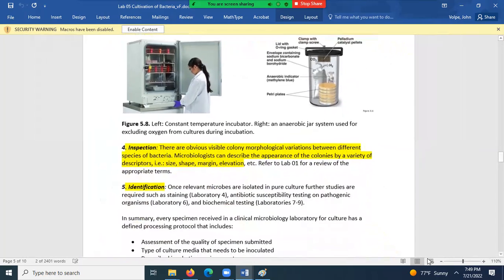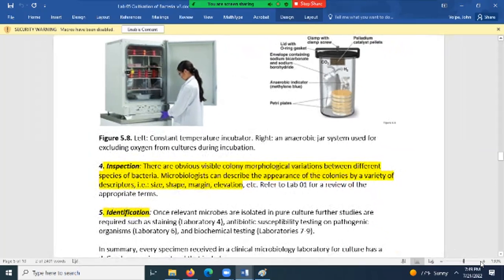You then inspect the bacteria and look at obvious colony differences. You can look at the colonial characteristics like the size, the shape, the margin, and the elevation of the culture, and you can learn some things from this, but usually you cannot identify it.